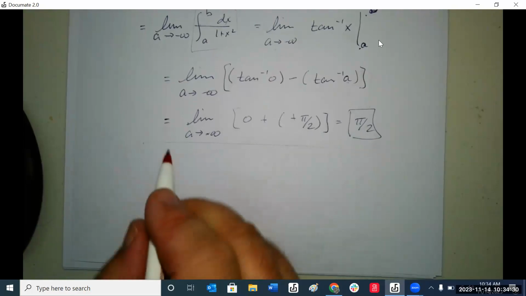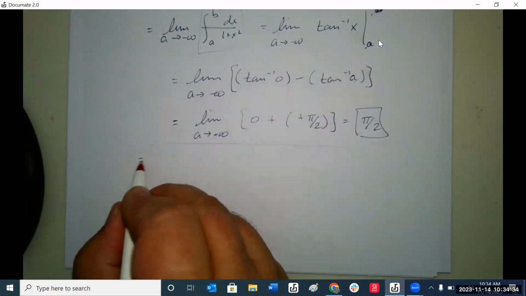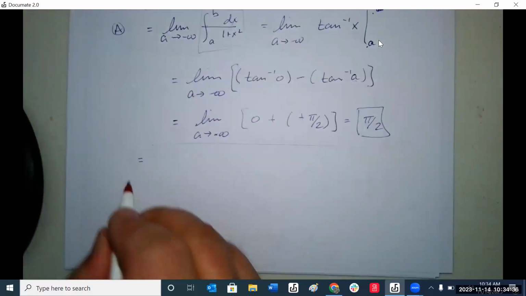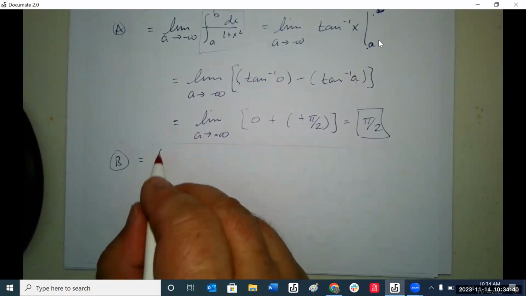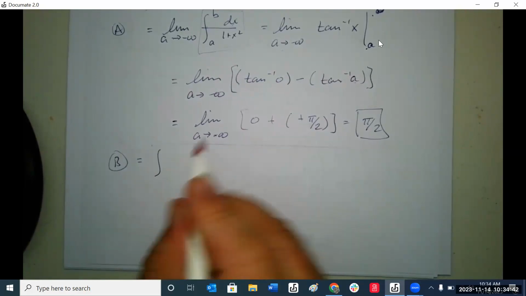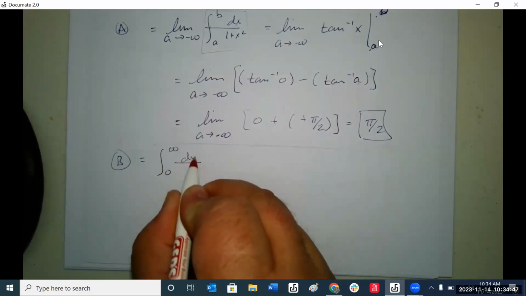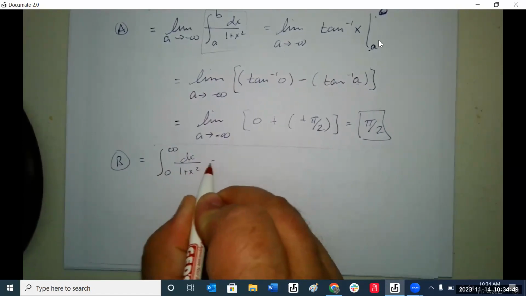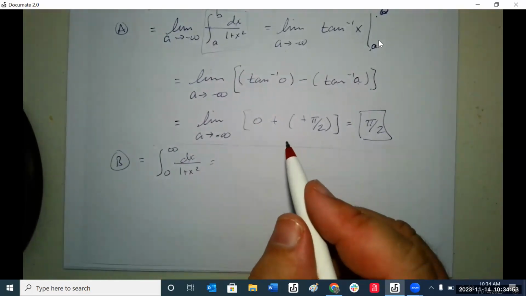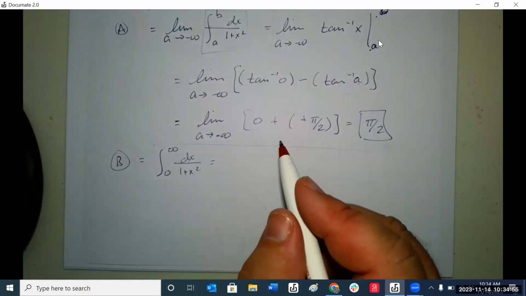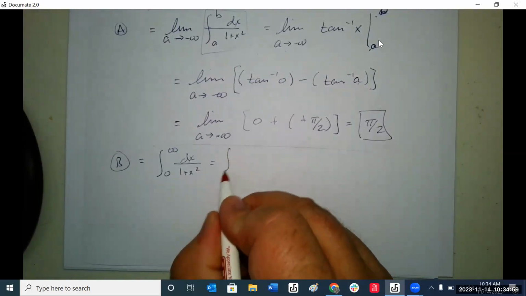Do the same thing for the other one now. This is the first part. This is the second part. So now we're going from 0 to infinity. Or no, that's condition 1 for the definition.